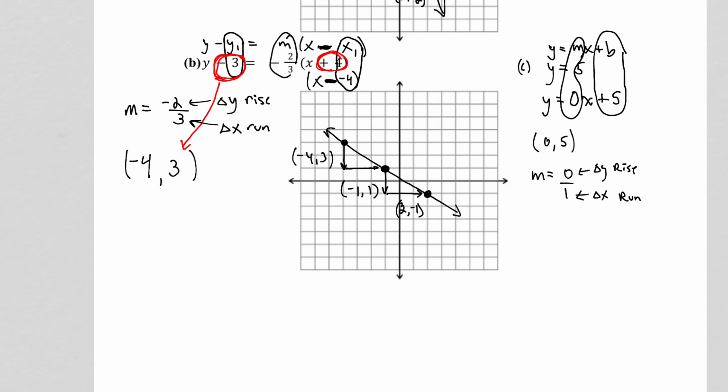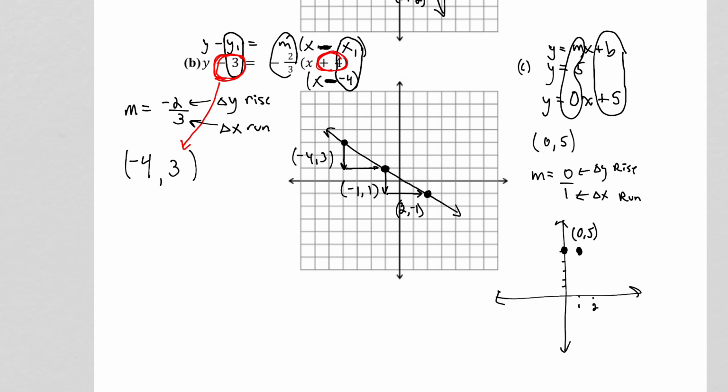Okay, so let's just say, I'm going to sketch a graph right here. So my first point is at 0, 5, right there. And my slope is 0 over 1. So from that point, I'm going to rise 0, and I'm going to run 1, meaning I'm not going to go up or down, but I'm going to go to the right 1.